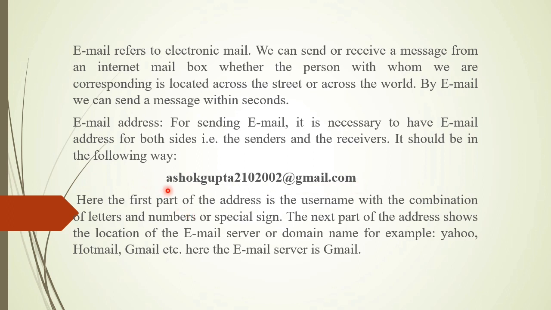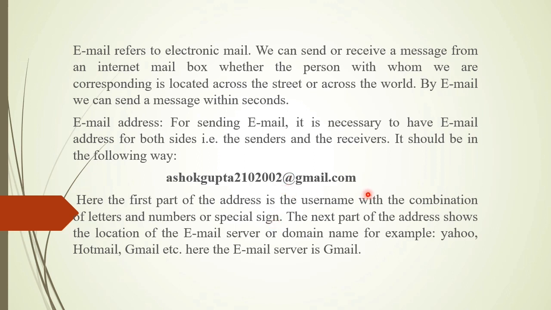You see, this email address is divided into two parts. The first part of the address is the username. So here Ashok Gupta 2102002 is the first part of the email address, and it is known as the username, which is a combination of letters and numbers or some specific sign.